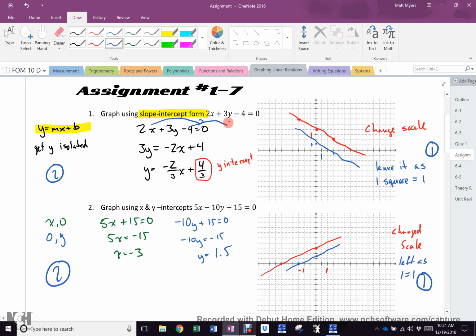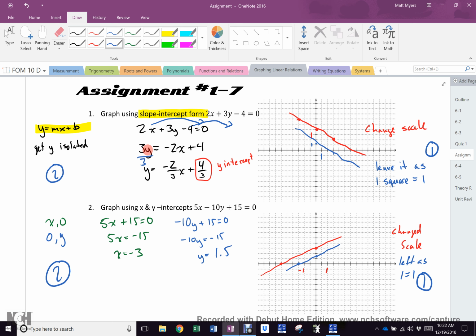You brought the 4 over, which made it positive. Then you divided everything by 3 to get rid of the 3 with the y. If you can't do that, that's algebra. That's pre-me. Right? You got to sort that out. We only got 10 days left in class. I can't teach you 8 years worth of algebra. That's on you. Okay?